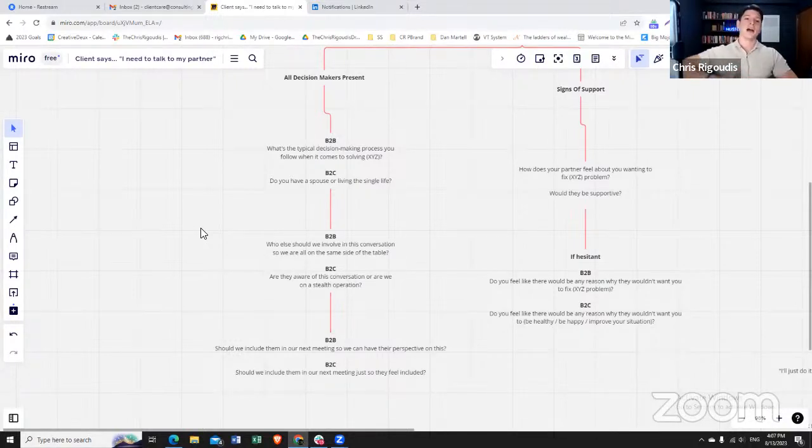That's why I always default to, during problem awareness or as I'm exploring their problems, asking something like, okay, and I didn't ask you, do you have a spouse or are we living the single life? That's an easy way of uncovering whether they have other people in the family. Then I want to ask, are they aware of this conversation or are we on a stealth operation here?